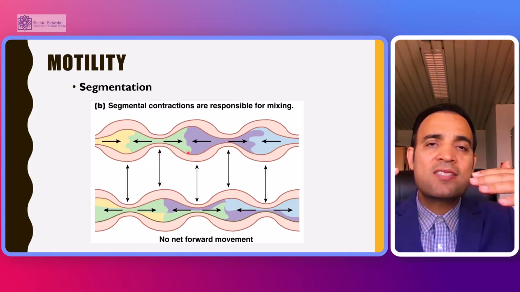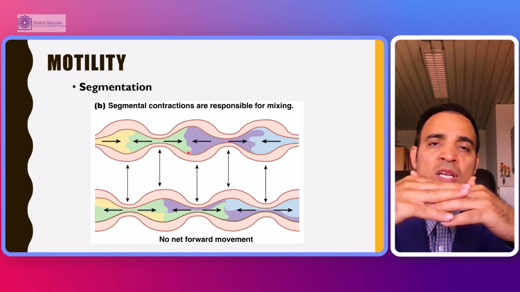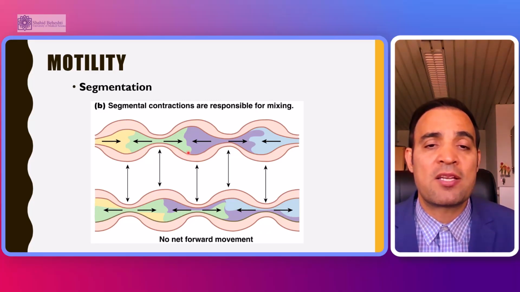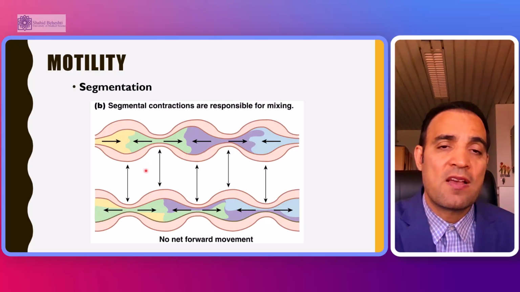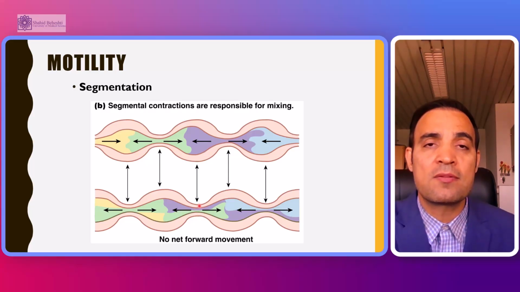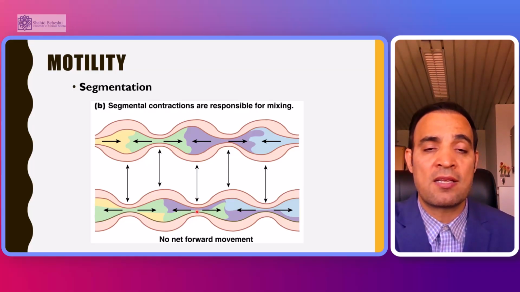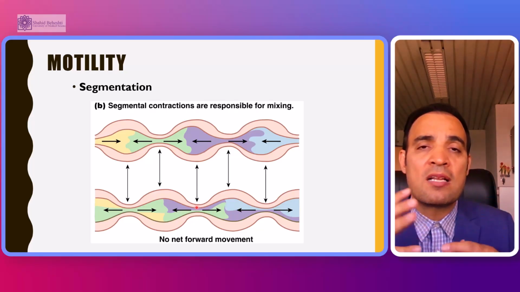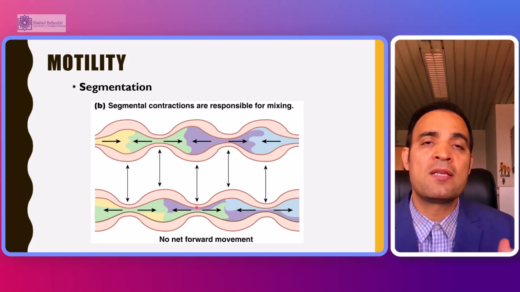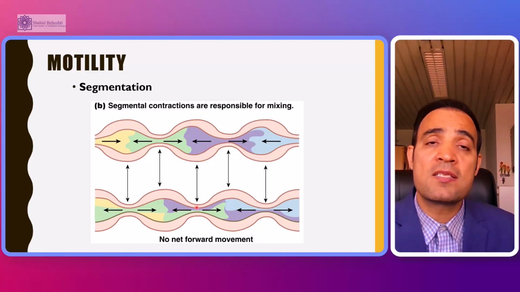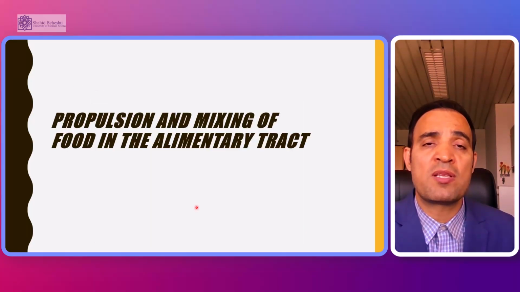Therefore, in each segment the food will be mixed together. Then another segmentation will happen in another space. Firstly, the contraction happens in this space, but then the next segmentation happens in this segment, and this makes the mixing of the food completely possible. This is named segmentation, and this is also another general movement that we have.